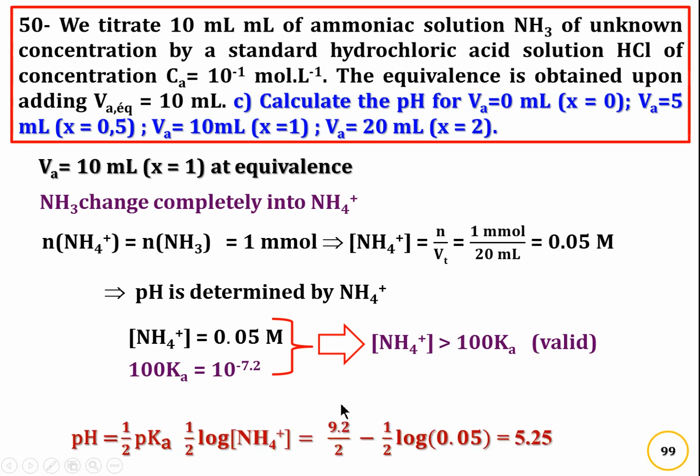This relation is valid. We apply directly pH equals half pKa minus half log C, equal 9.2 divided by 2 minus half log 0.05. So the pH at Va added 10 ml is equal to 5.25.